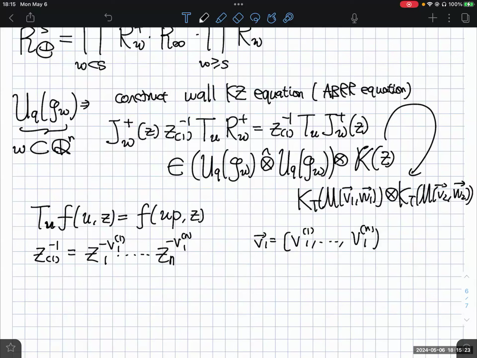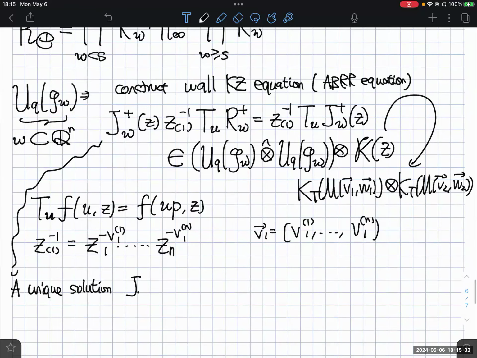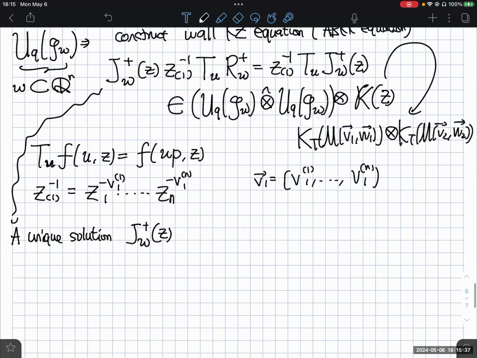The good thing is that this equation has a unique solution. We shall take this unique solution with respect to the wall subalgebra as JW plus Z. Using this unique solution, we can define JW minus Z as the following.